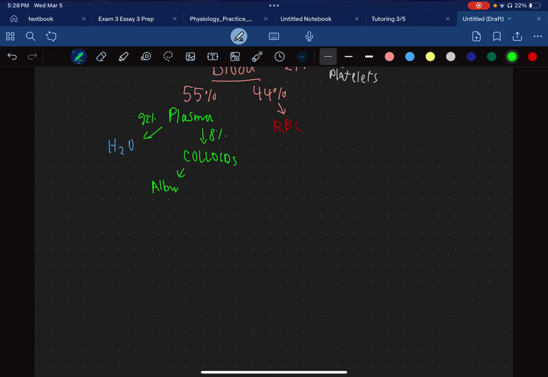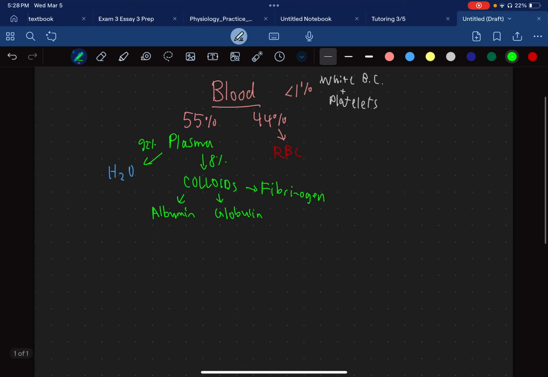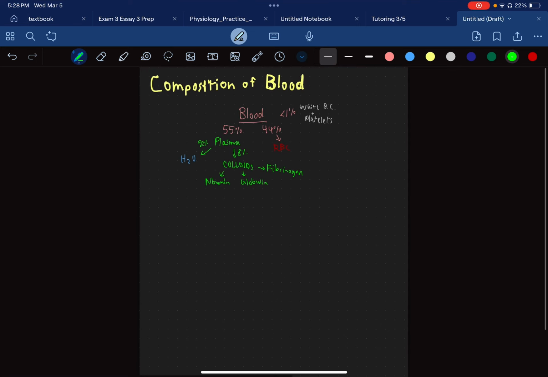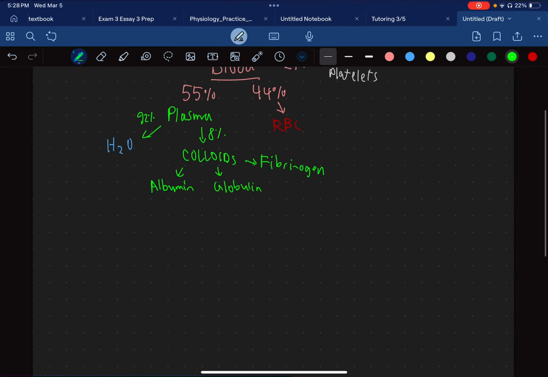One example is albumin, another is globulin, and another is fibrinogen, which we will be talking about today. As far as red blood cells go, that's the whole 44%. And so this is going to be our composition of blood.